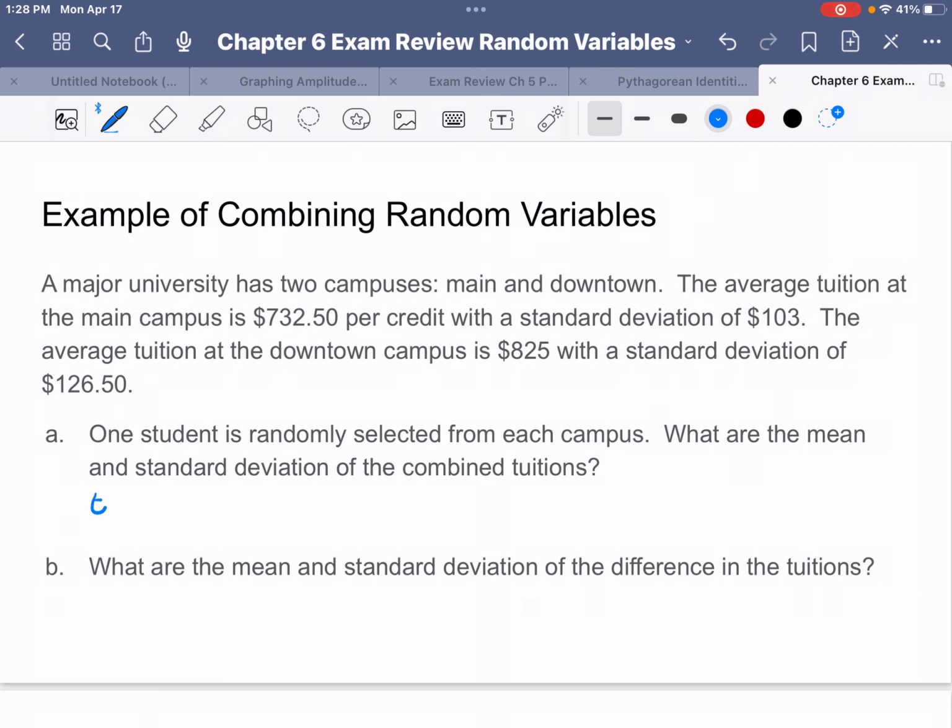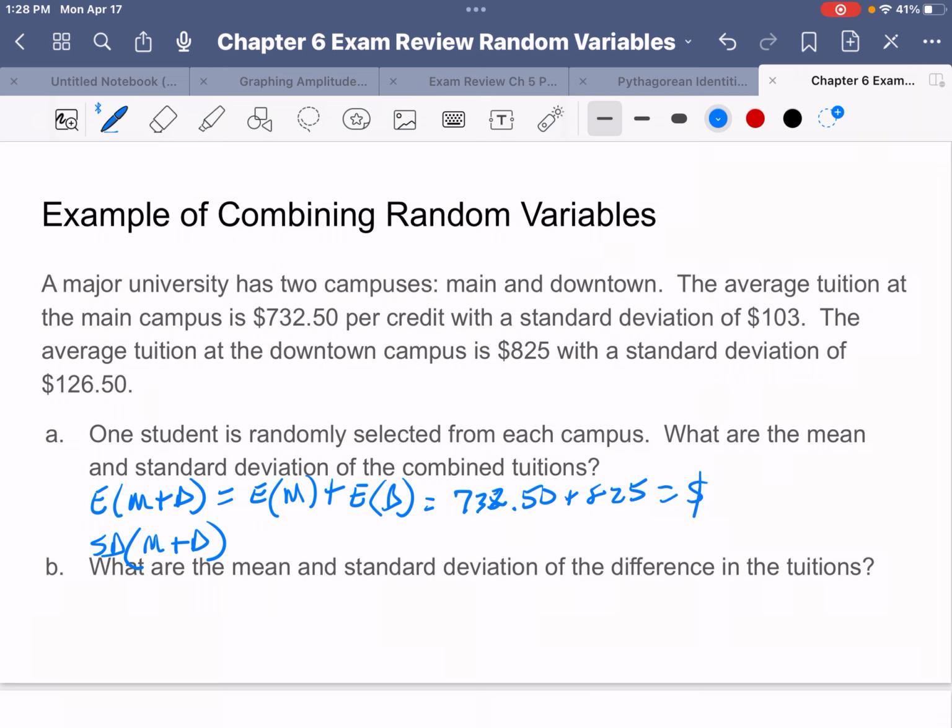So they're asking me to find the expected value of Main plus Downtown and the standard deviation of Main plus Downtown. So the expected value of Main plus Downtown is the expected value of Main plus the expected value of Downtown, which is just $732.50 plus $825.